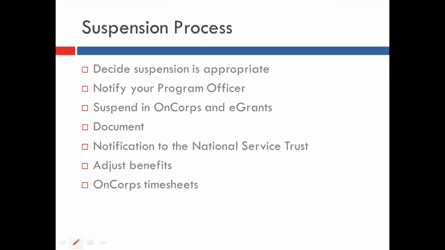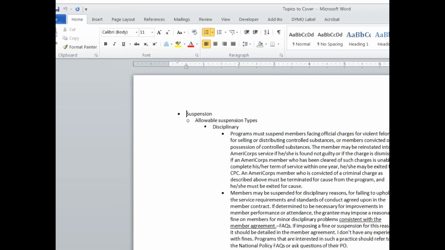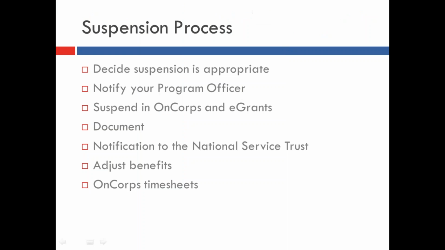If you're deciding whether to suspend a member, you need to decide if that's appropriate and decide which category that would fit under. And then from that, you'll want to notify your PO of the suspension.